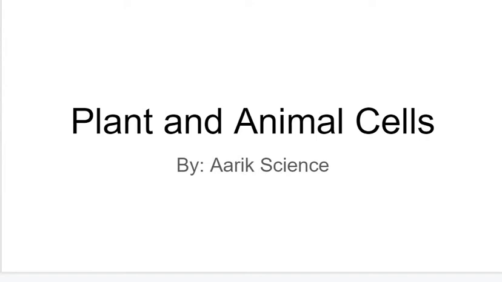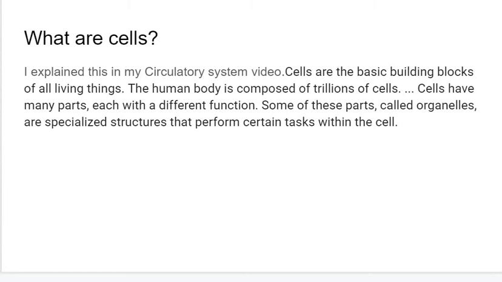So let's get started. So what are cells? I explained this in my circulatory system video, but the thing is, red blood cells and white blood cells are different from these cells. Cells are the basic building blocks of all living things. The human body is composed of trillions of cells.